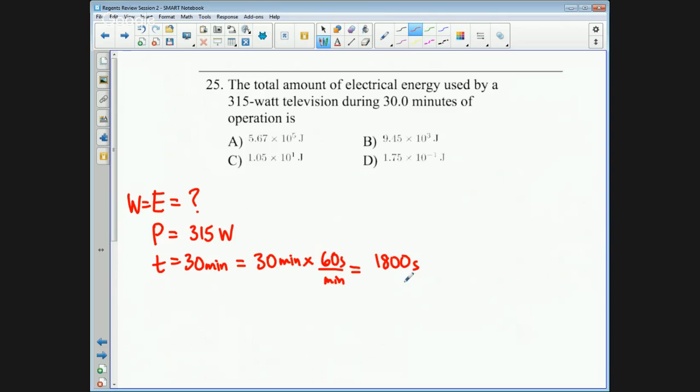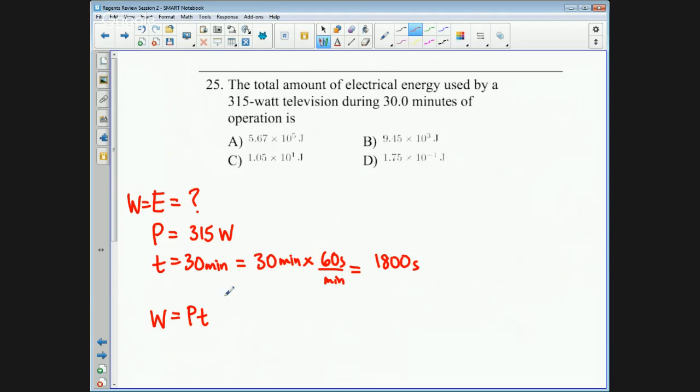1800 seconds. Okay? So now we need to figure out what our formula is on the reference table. Well, on the reference table, power and work are related using this formula.